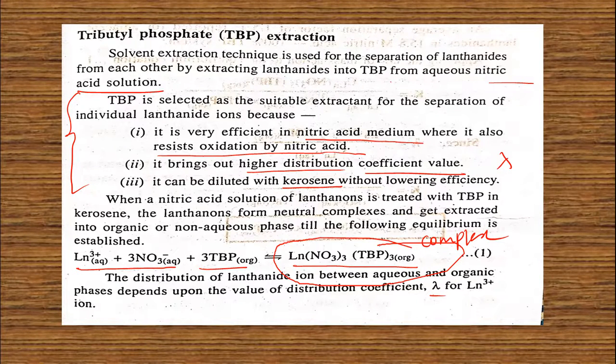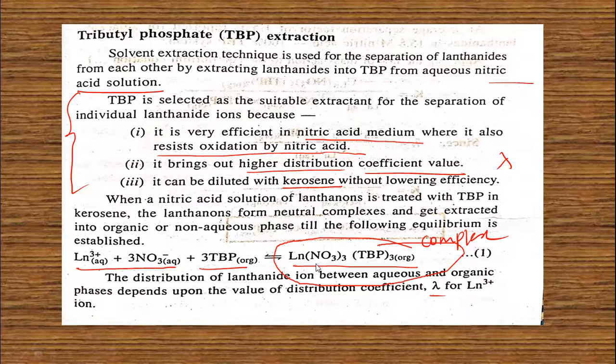Why is TBP used? Because it is very efficient in nitric acid medium, and it also resists oxidation by nitric acid. It brings out a higher distribution coefficient value. It can be easily diluted with kerosene. So this complex formation process takes place here. Lanthanide ions are extracted from the aqueous phase into the organic phase, and in the organic phase this complex will be formed.